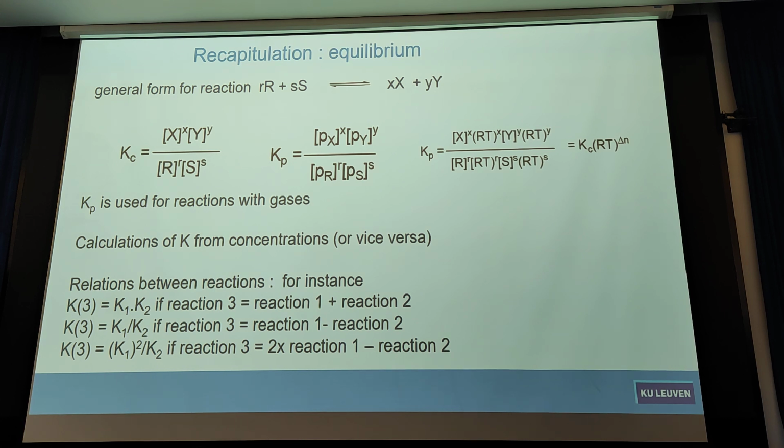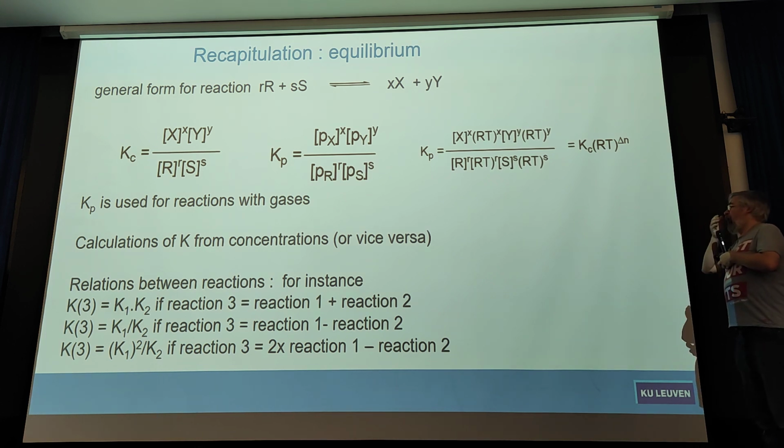This is an exponent delta n, with delta n the amount of gas moles that has increased. If there are no gases, or the amount of gas molecules has remained the same, then Kp and Kc are identical. So Kp we will only use when there are actually gases around. If you have reactions in solution, we will use Kc.